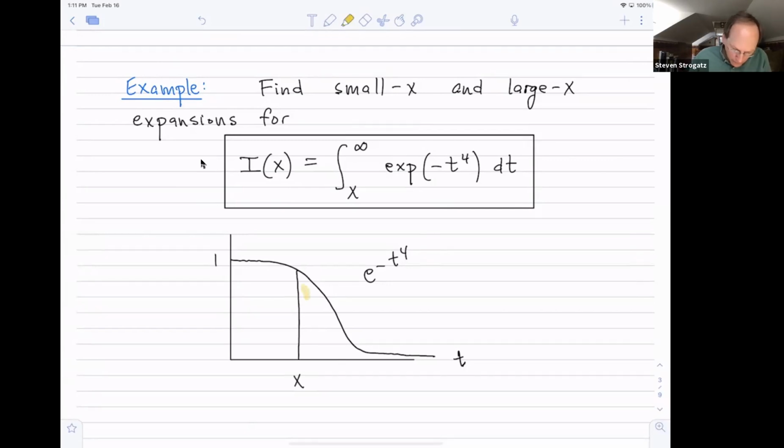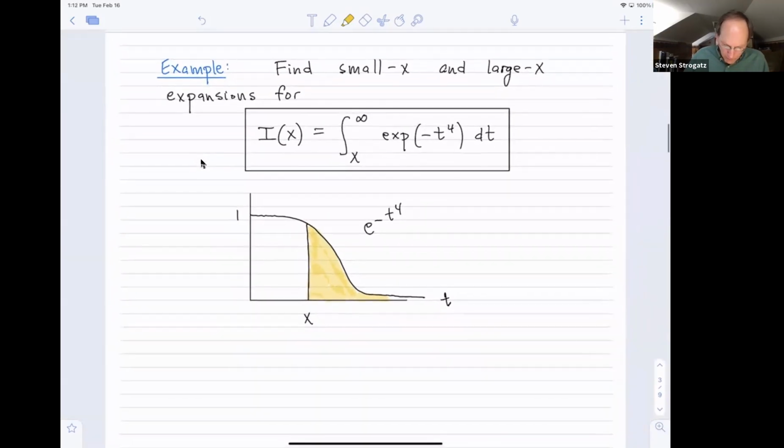Right, so we're trying to figure out what is this area under here. And so that defines our function of x, I of x. And we'll be interested in it both for x going to 0 and x going to infinity.